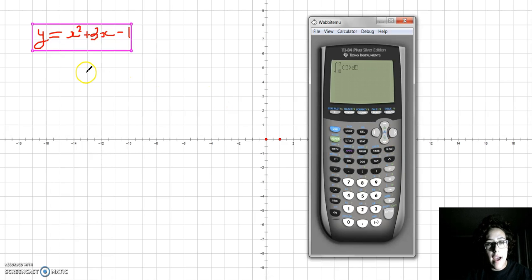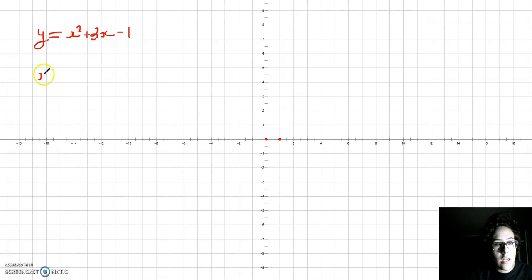Now, when we go back to our function, we need to define where we want to find the integral first. For this case, we can do the integral between x equals 1 and x equals 5. So those will be our bounds.